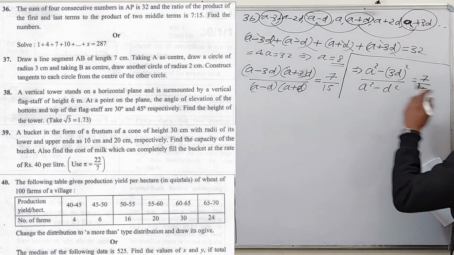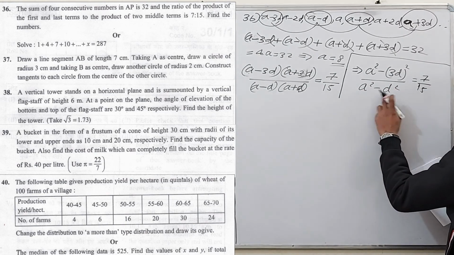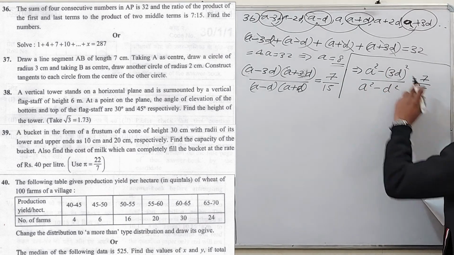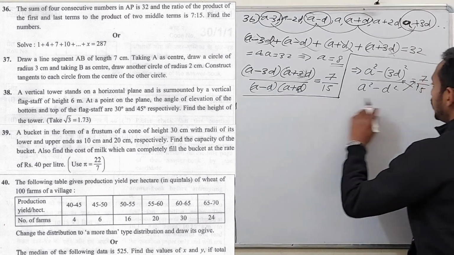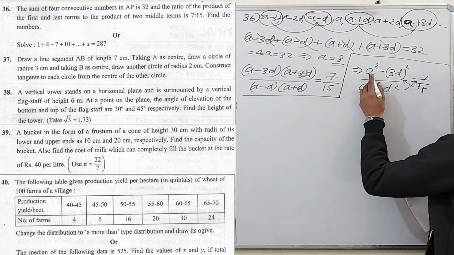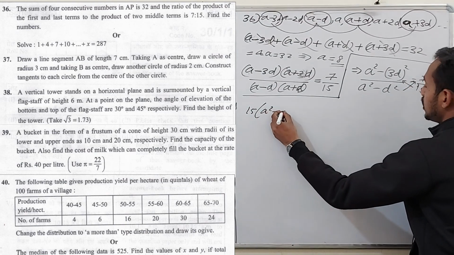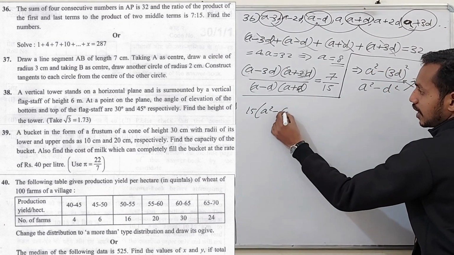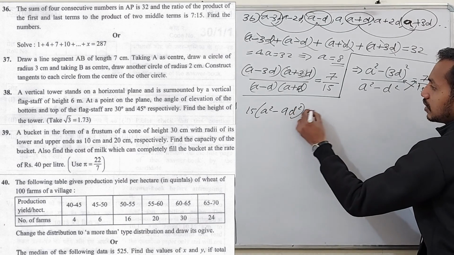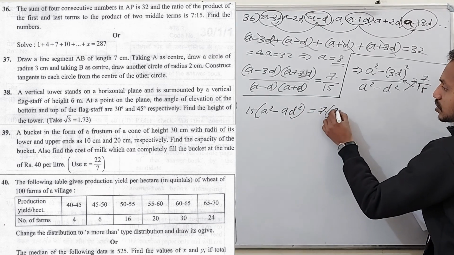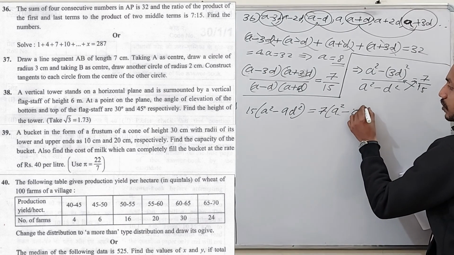Then here a square minus d square is there, and here a square minus 9d square is there. Cross multiplying we will get 15 into a square minus 9d square, which is equal to 7 into a square minus 7 into d square.